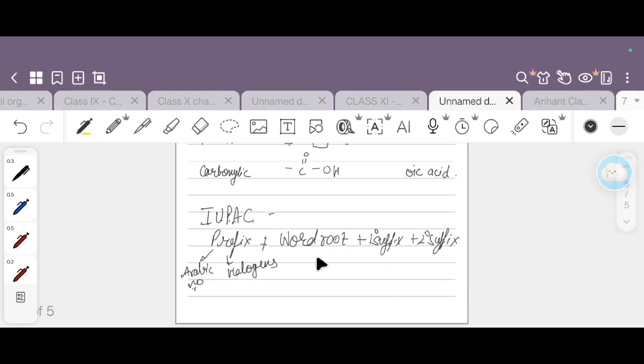Word root stands for the number of carbons in the organic compound. Primary suffix tells about the type of bond. If carbon carbon has a single bond, then we use primary suffix as ane. If carbon double bond carbon, then ene, and if carbon triple bond carbon, then yne. And for secondary suffix we use the functional group.